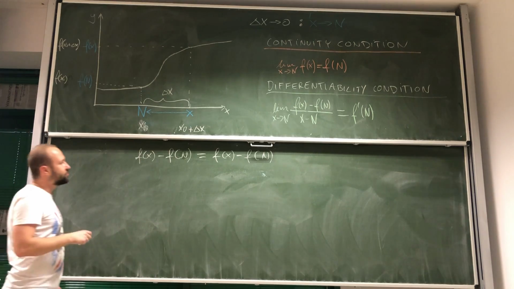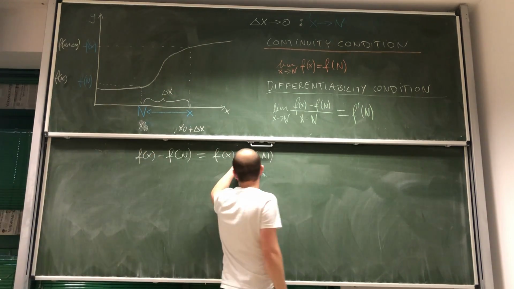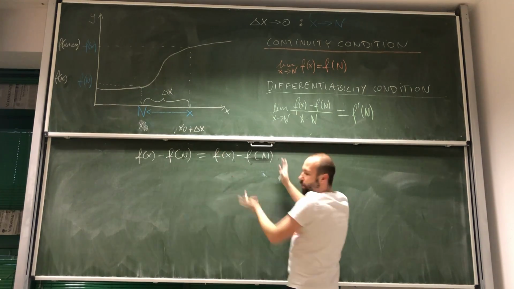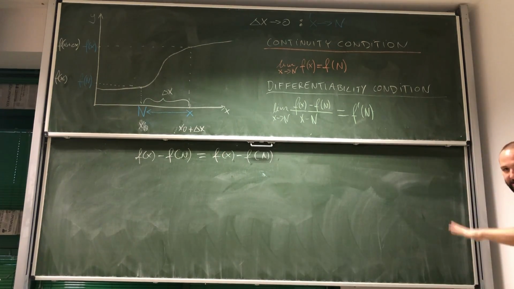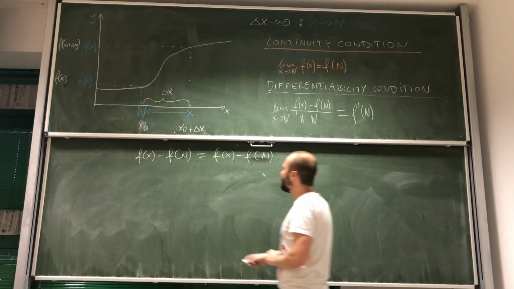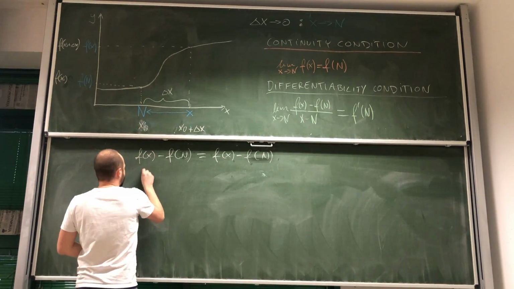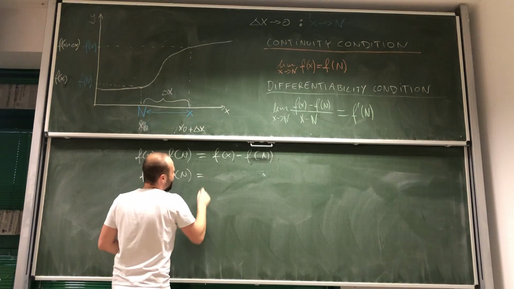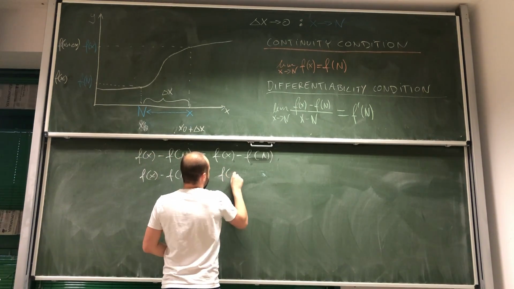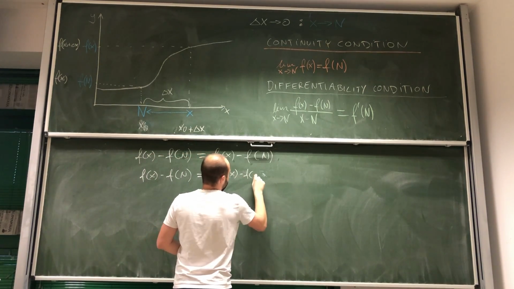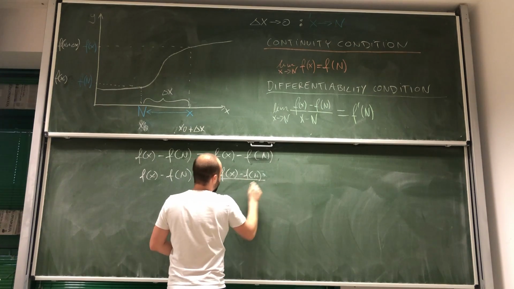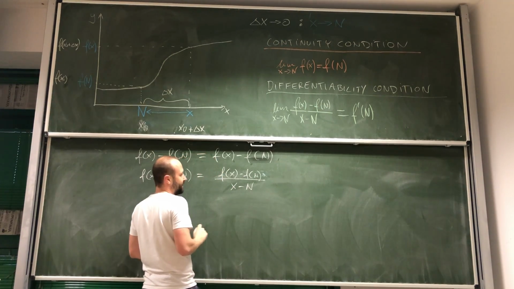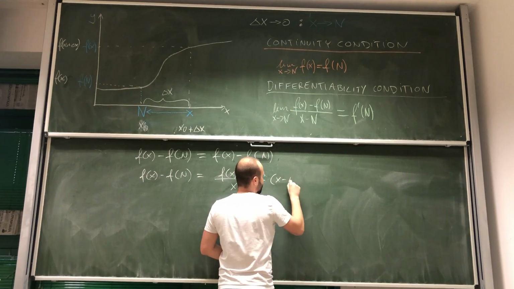And look, I'm going to do a very simple thing. I'm going to multiply this side of the equation by 1, which is permitted, right? Nothing should change. But my one is going to look a little bit different. My one is going to look like this. This stays the same, but here I'm dividing by x minus n and multiplying by x minus n.